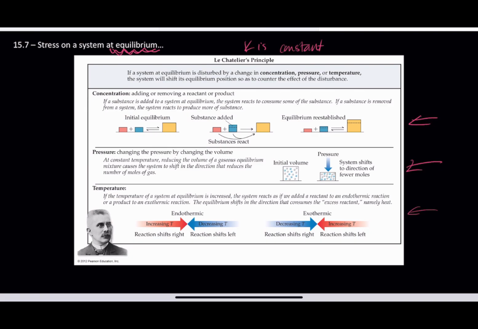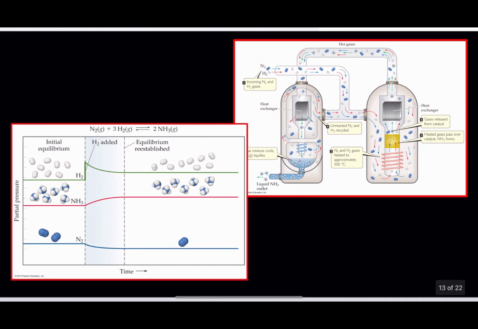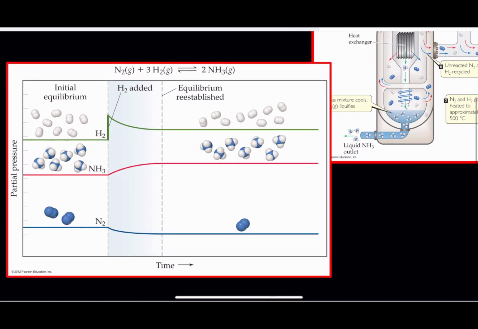So let's talk about those a little bit more specifically. First, let's talk about the effect of changing concentration, which, if we're talking about a gaseous system, would also mean changing the partial pressure of something. Here we have the production of ammonia from nitrogen and hydrogen. We have initial equilibrium, because that's one of the key criteria, and then we add some H2, meaning we increase the concentration of one of the reactants.